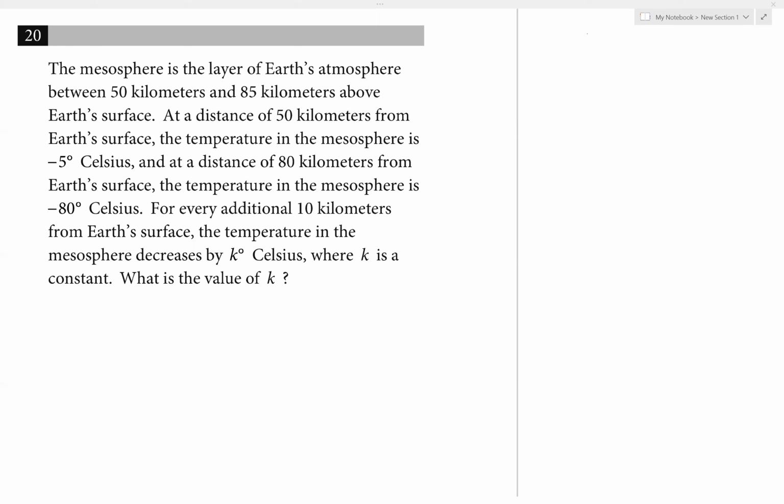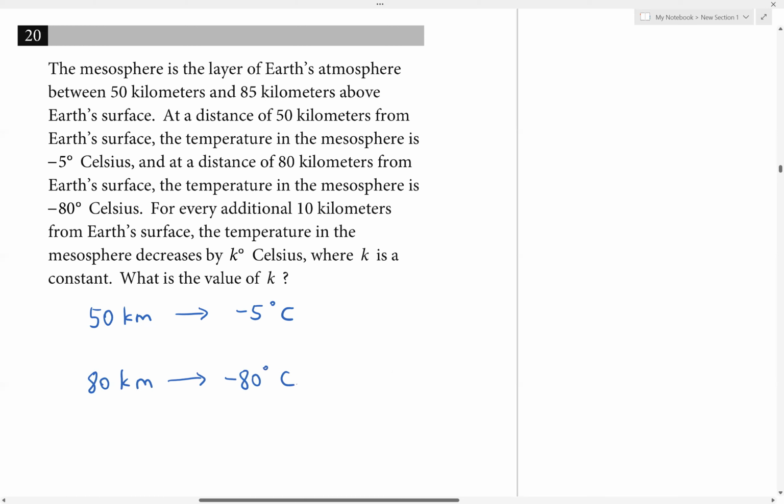Okay, so at 50 kilometers above the surface, the temperature is what? The temperature is -5 degrees Celsius. And then at a distance of 80 kilometers from the surface, the temperature is -80 degrees Celsius.